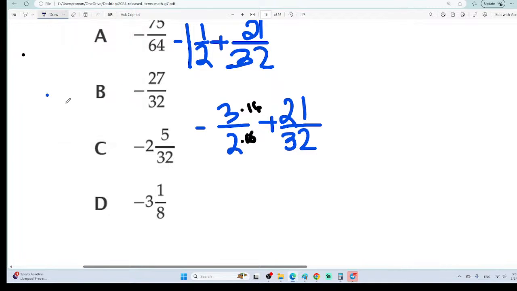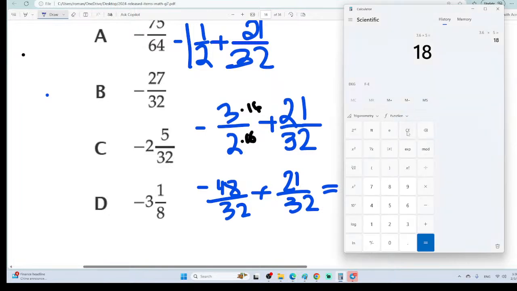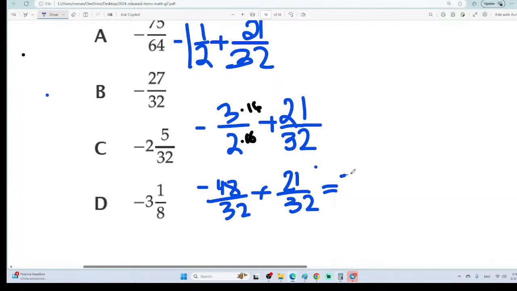So it's going to be negative 48 over 32 plus 21 over 32. Negative 48 plus 21. If you're unsure, you can do it on a calculator. No problem with that. Negative 48 plus 21 is negative 27 over 32.